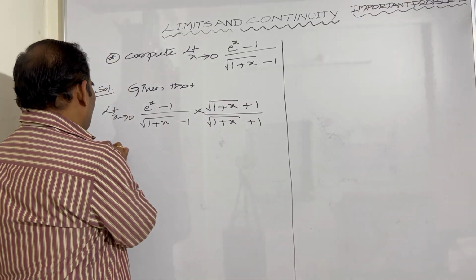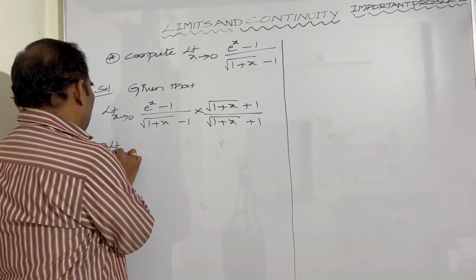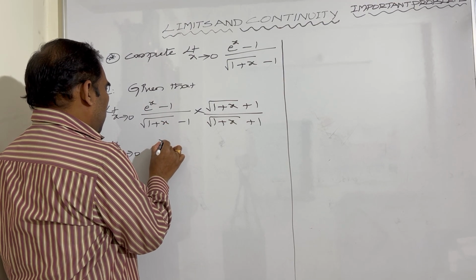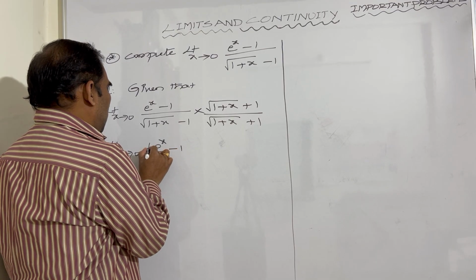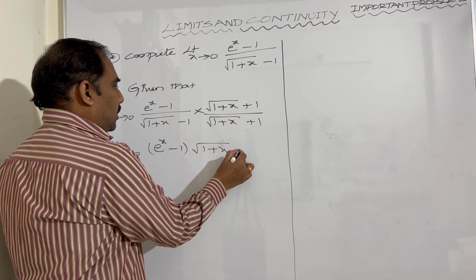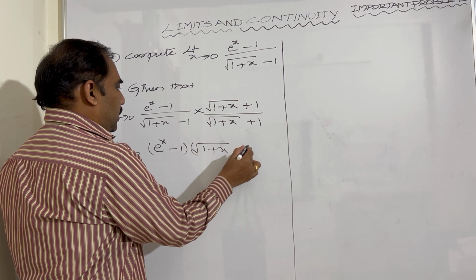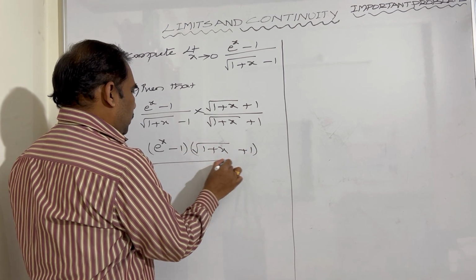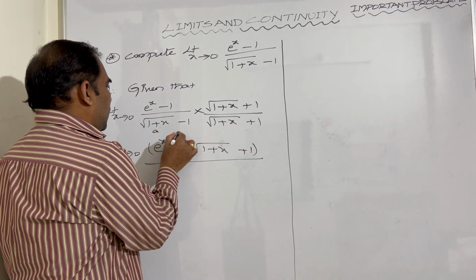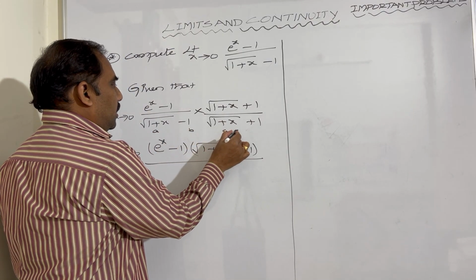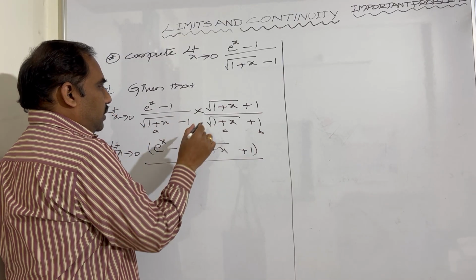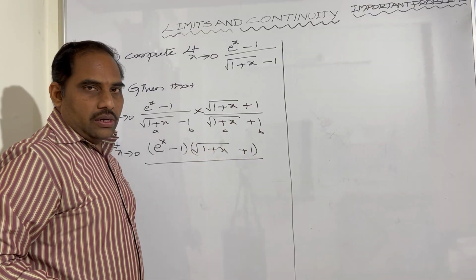So now which is equal to the limit as x tends to 0. Here in the numerator, (e^x − 1) into (√(1 + x) + 1), whole divided by, if you observe the denominator carefully, it is in the form of (a − b) into (a + b). See here, a is √(1 + x) and b is 1.